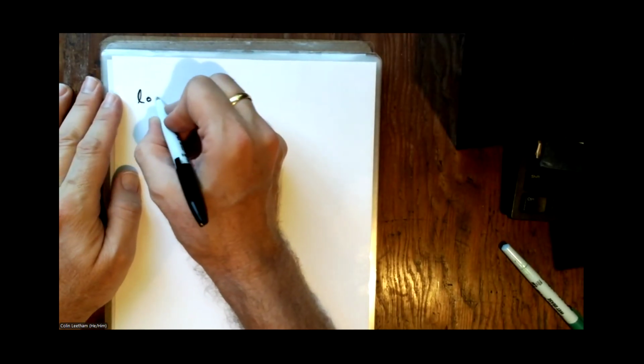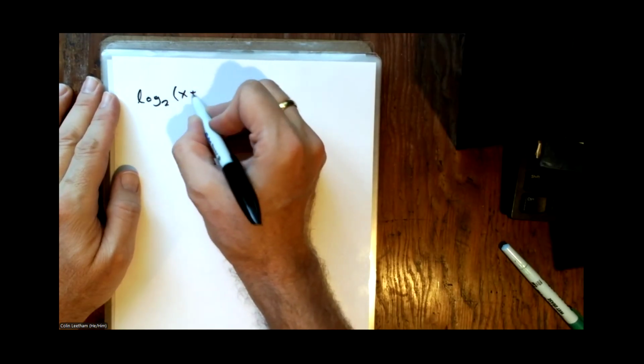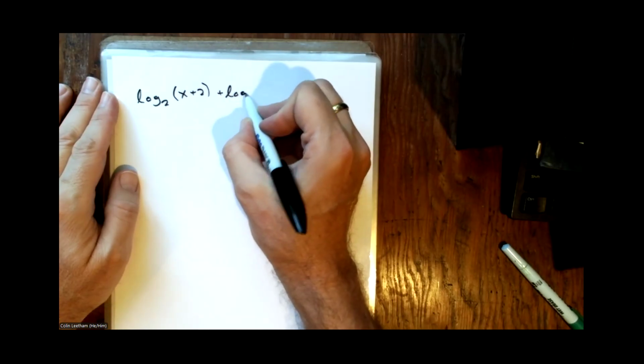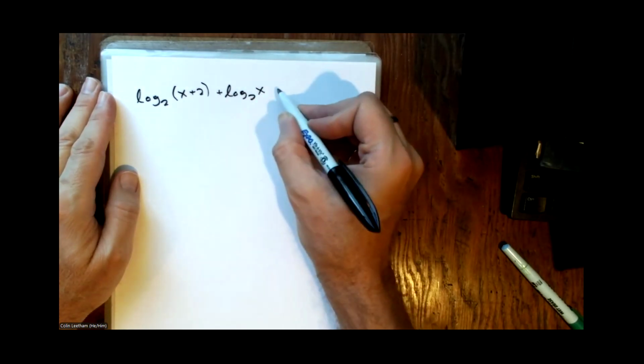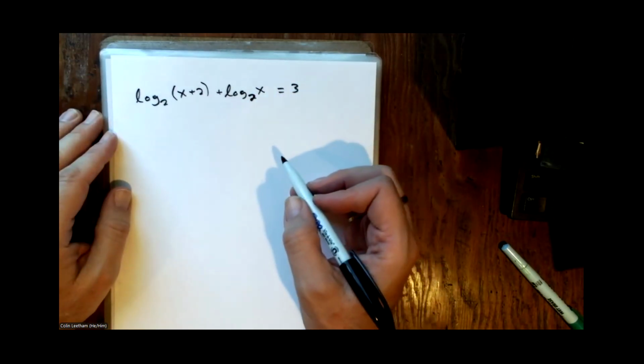Let's do a slightly trickier one now. I'm going to stick with log base 2 for a second. So I've got log base 2 of x plus 2 plus log base 2 of x equal to 3. And this one's interesting.